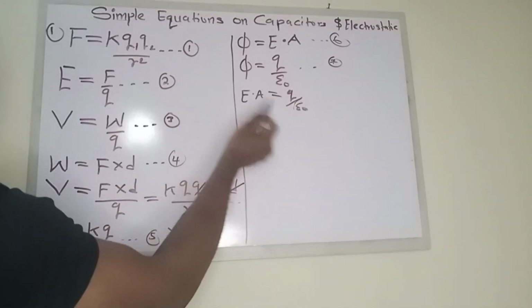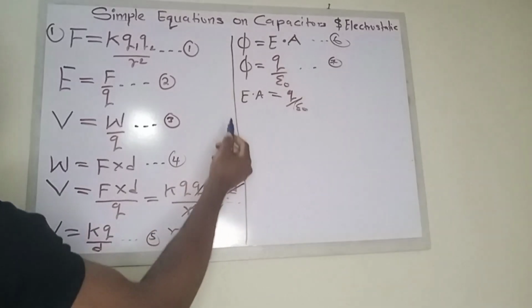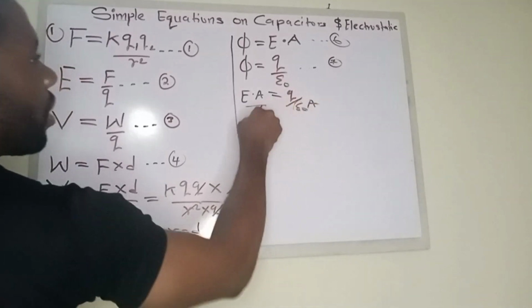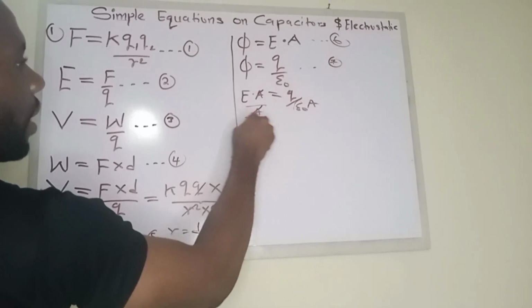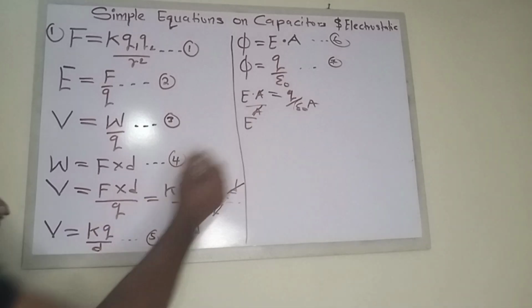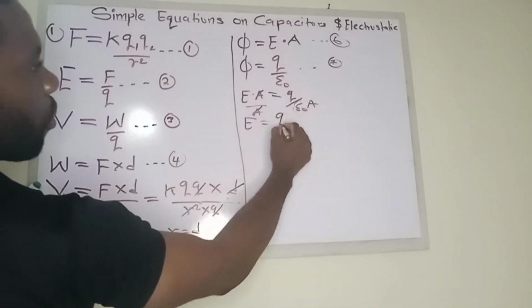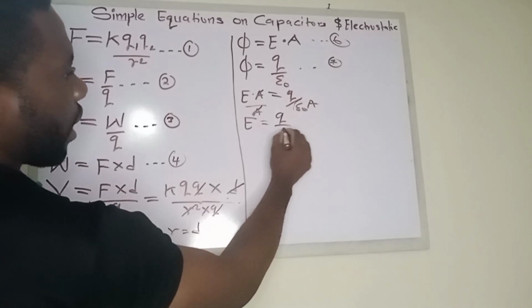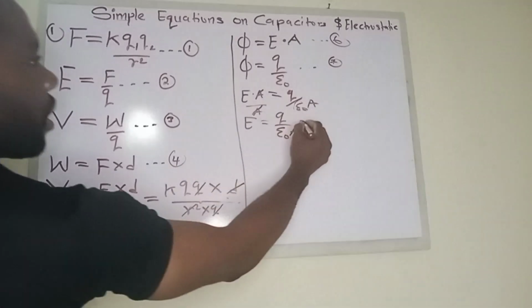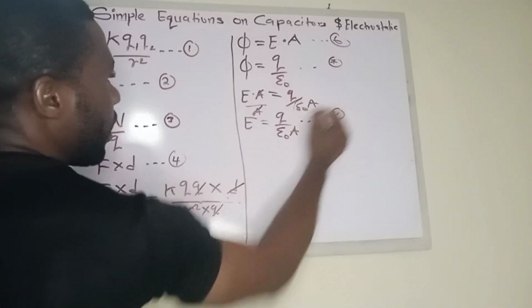At this point, let's make E the subject of the formula. Divide both sides by A. So therefore, our electric intensity is equal to Q over E naught, then we have our area. Let's call this equation 8.